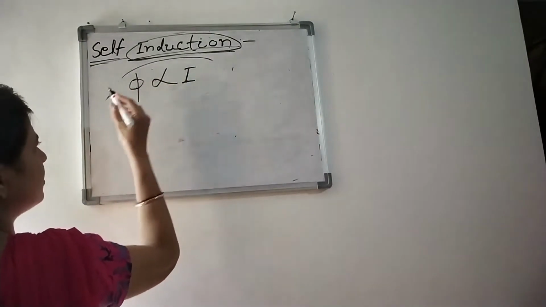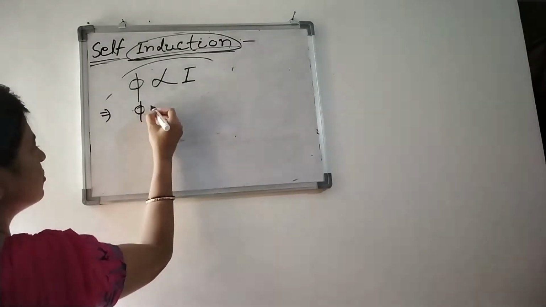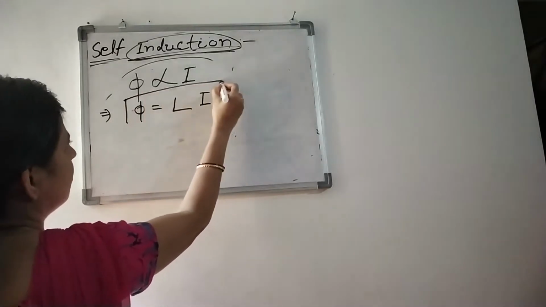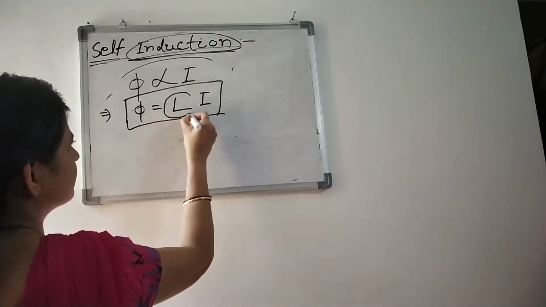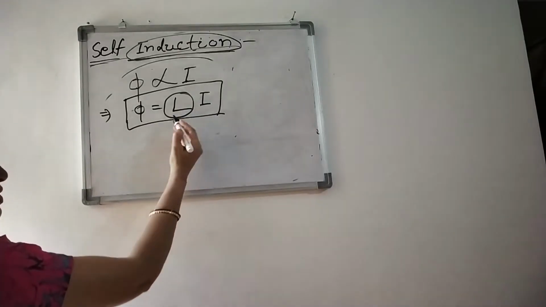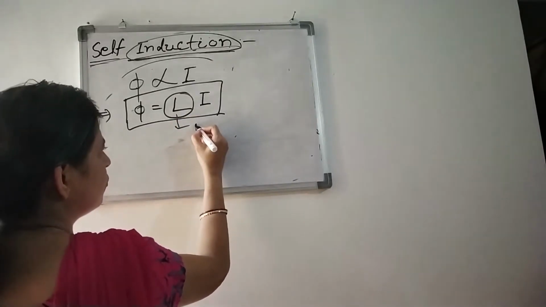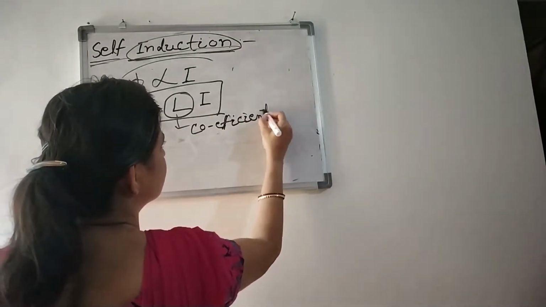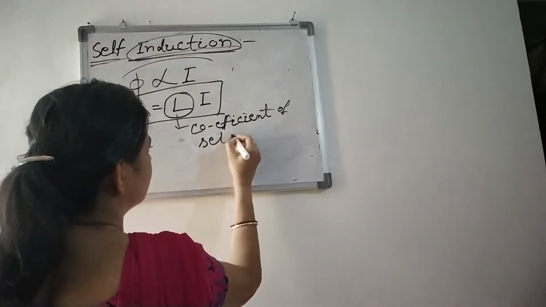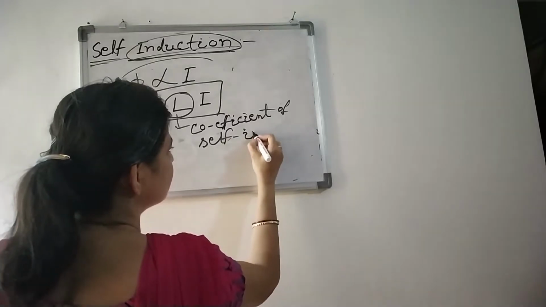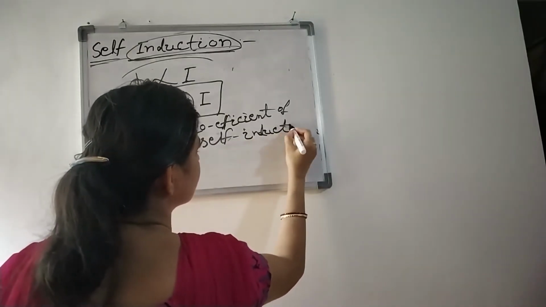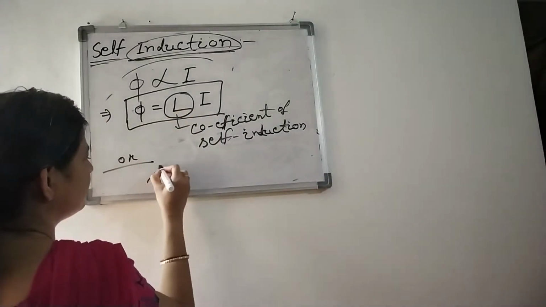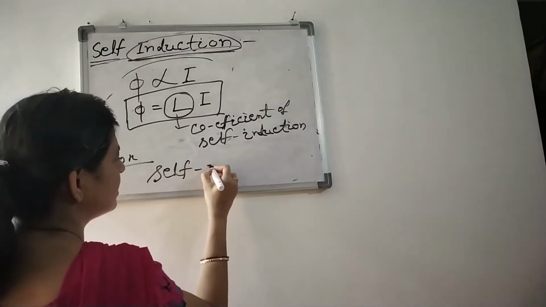So phi is proportional to I. That means phi is equal to some constant times I. That constant is L. This is a constant of proportionality, which is called the coefficient of self-induction, or simply self-inductance.